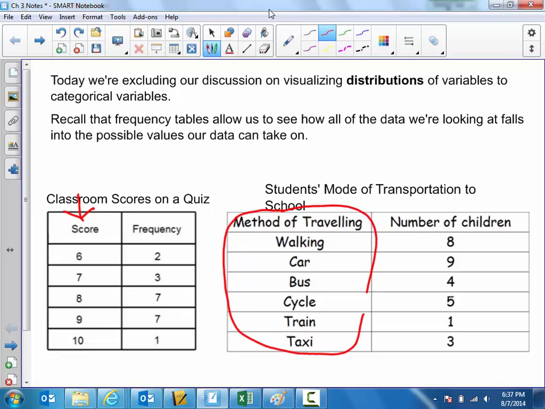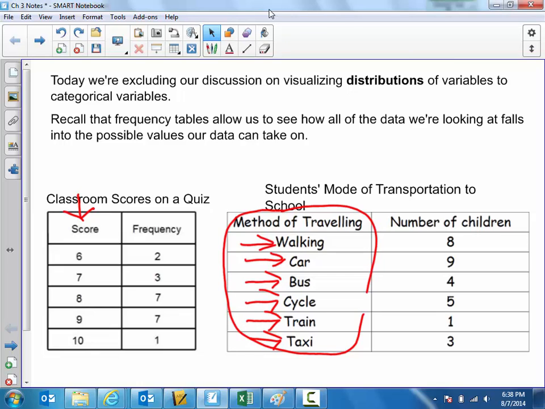So some group of people were interviewed, looks like kids, and the method of traveling that they used was identified. We consolidated all that information from the respondents or the subjects into just the data values that method of traveling is taking on. These rows here, the first column has each of those rows. Those are the data values that the variable method of traveling is taking on. So we've talked about a frequency table before. Those stick around.